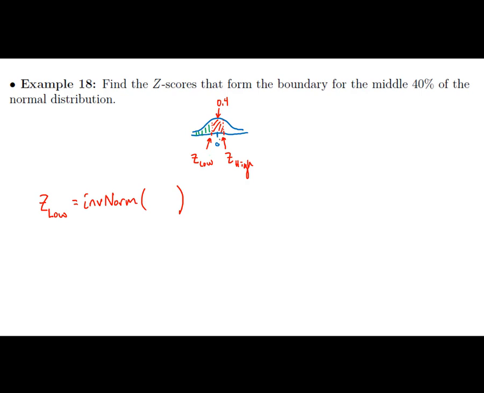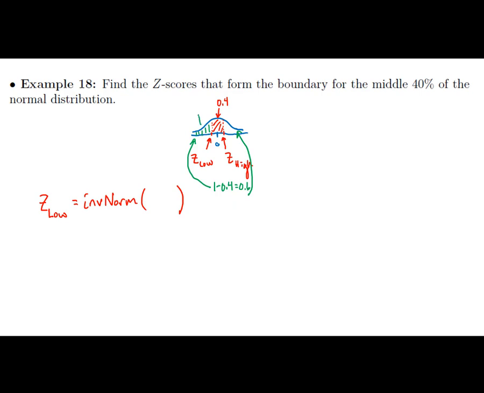Okay, now we can figure that out. So first of all, if 40% is in the middle, then that would mean that 60% is on the outsides, right? So if I talk about being split between here and here, put together, that's going to be 60%.